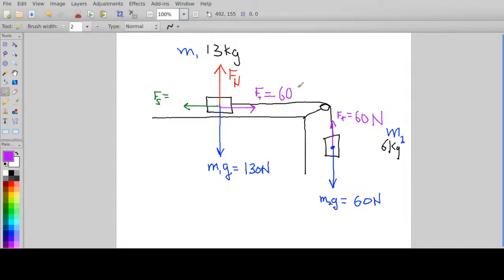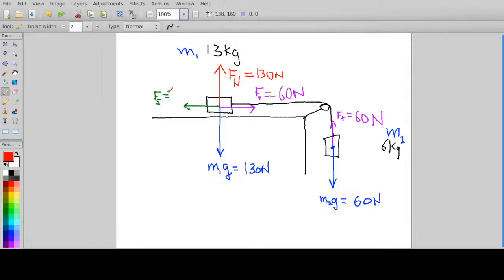So that's equal to 60 newtons. And we can take a look at the normal force next. That one is going to equal 130 newtons. Why? Well, it has to balance against the force of gravity down here. And so Fn has to be 130 newtons.